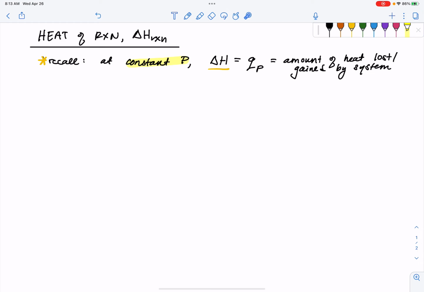So it's the main condition that allows us to say that enthalpy and heat, Q, are the same. So again, Q sub P is the amount of heat that is either lost or gained by our system as long as our system is at constant pressure.